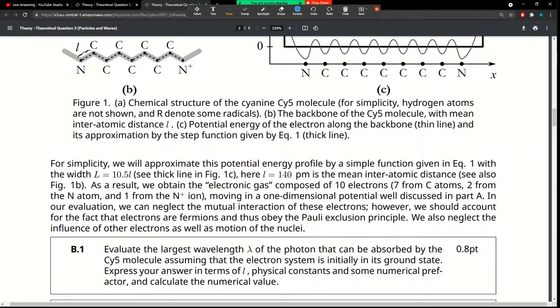Oh, so I guess the first thing is that there are 10 electrons and they follow the Pauli exclusion principle. So I guess they occupy the first 5 states because each state can take 2 electrons. Yes. So they want the transition from the 5th state to the 6th state. Yes.